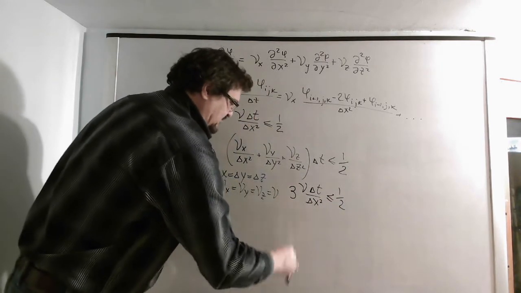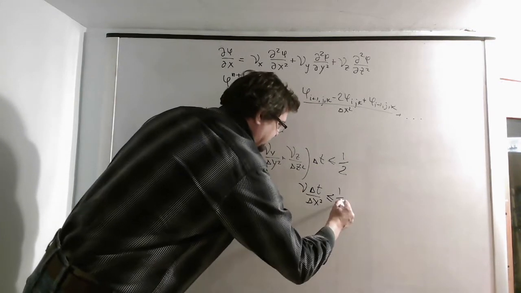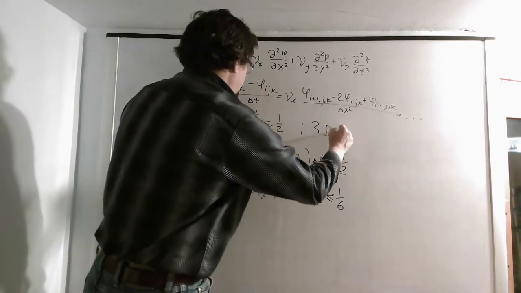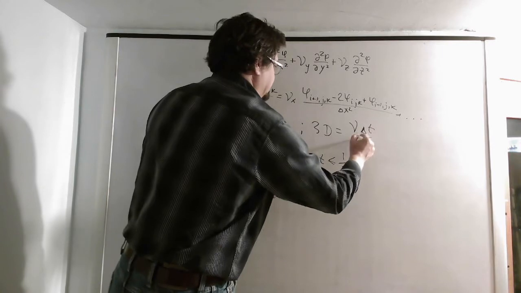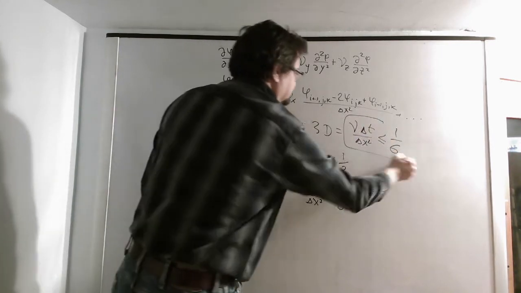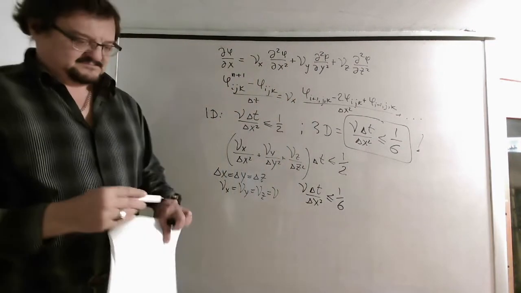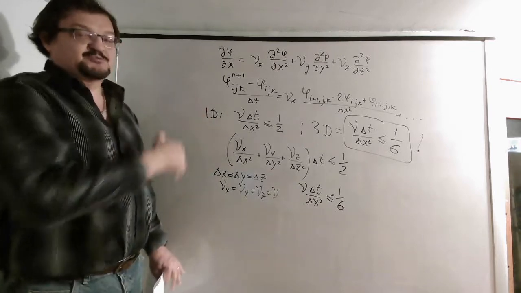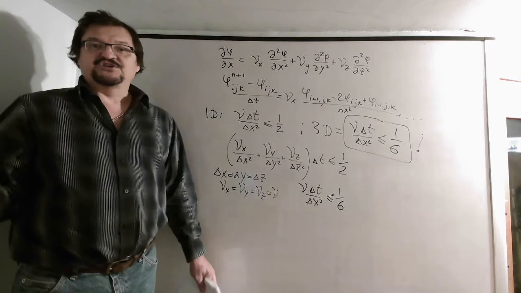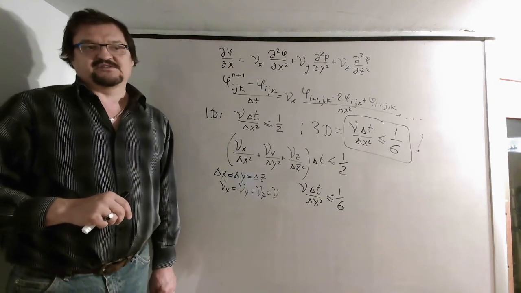If we divide by 3, we have 1/6 for 3 dimensions. So in 3D we have nu delta t divided by delta x squared smaller or equal to 1/6. It's much less stable. Our delta t for a diffusion problem in 3 dimensions should be about 3 times smaller than for a similar diffusion problem in 1 dimension.